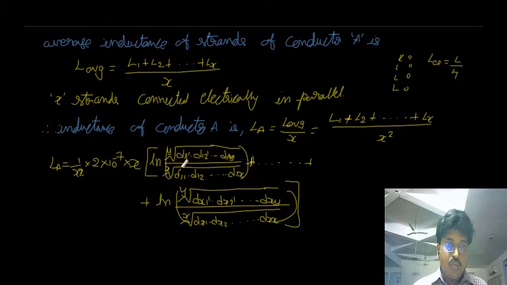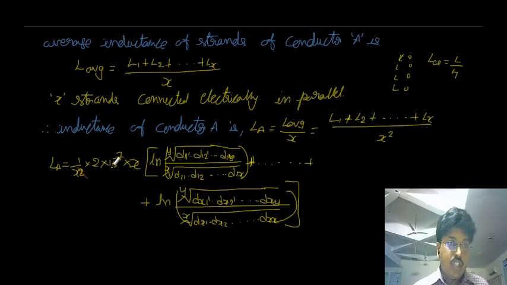If you observe here, log A plus log B notation is there, so we can simplify this equation. Here, 1 by x square, and one x cancels the other, so the resultant is 1 by x.